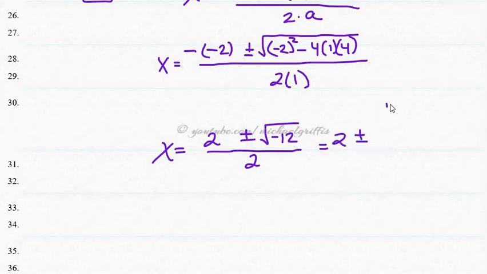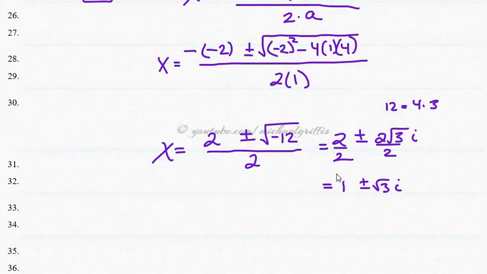Now, 12 is 4 times 3, and we can take the square root of 4, which is 2, and bring that out. So the 2 over 2 reduces down to 1 plus or minus the square root of 3 times i.